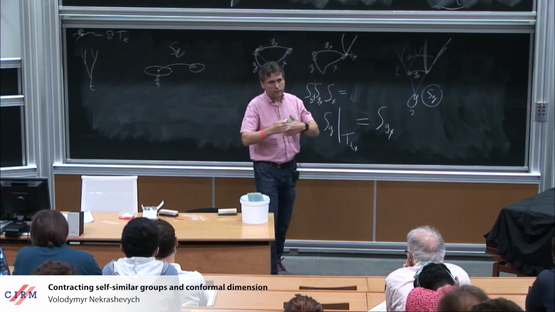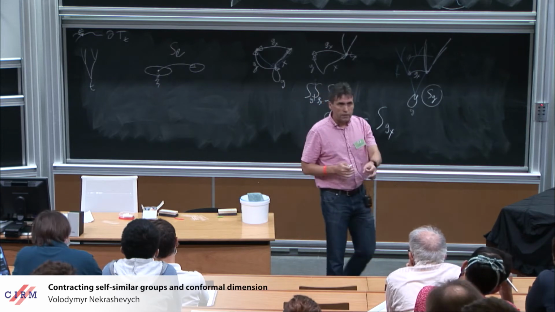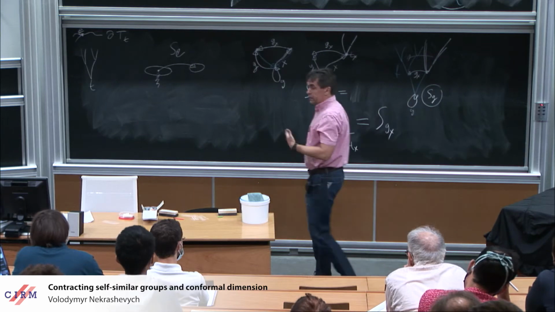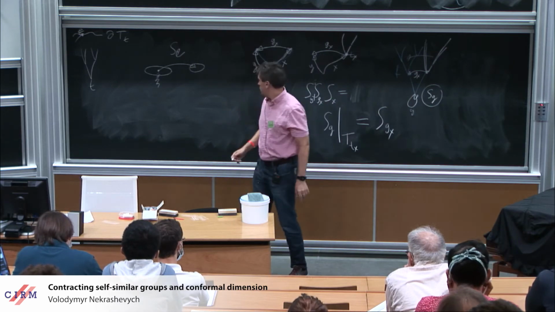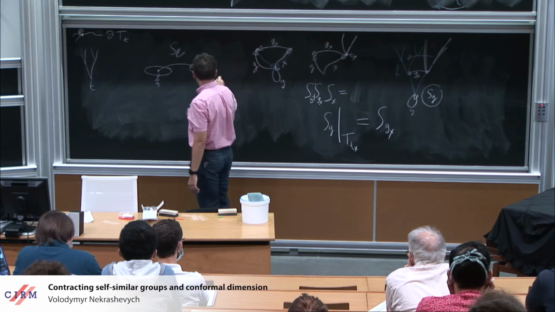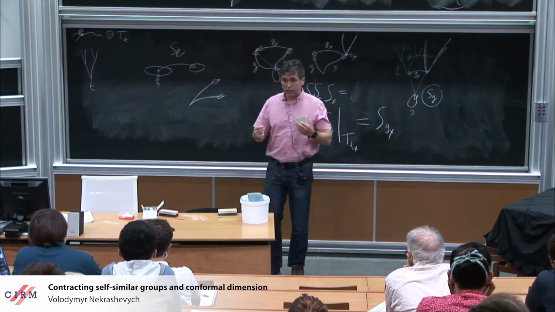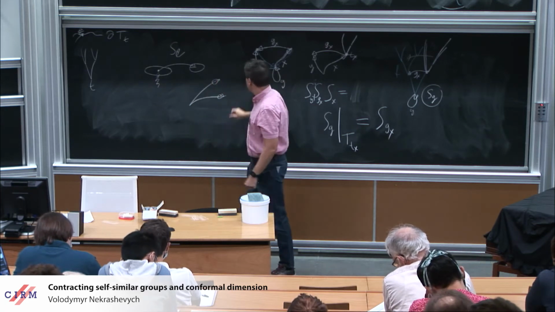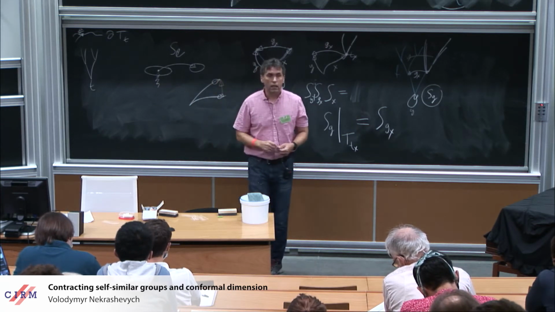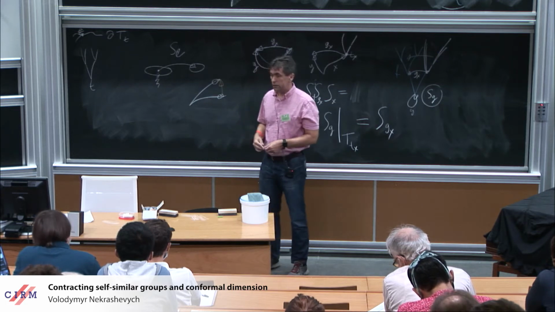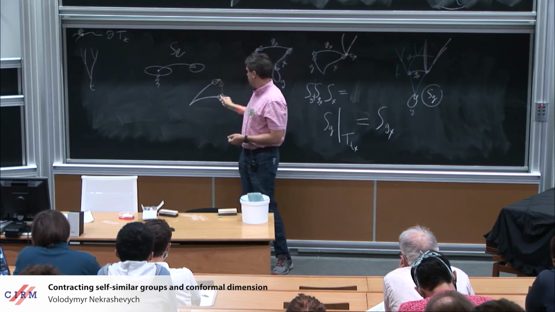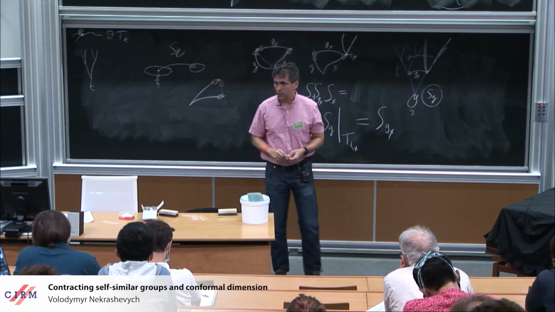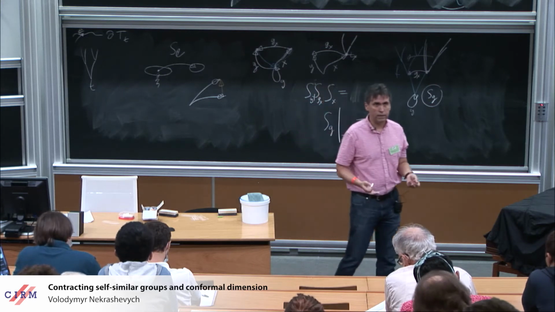You identify two semigroup elements if they act the same way around this point Xi. Then you draw the Cayley graph. The germs will be vertices of your Cayley graph, and you connect one germ to another if you have a generator such that this germ is the composition of the other germ and the germ of the generator. So it's exactly the same as for Cayley graphs of groups.